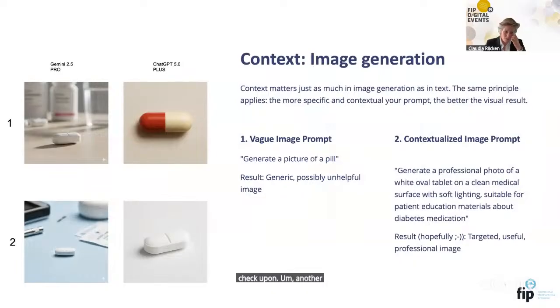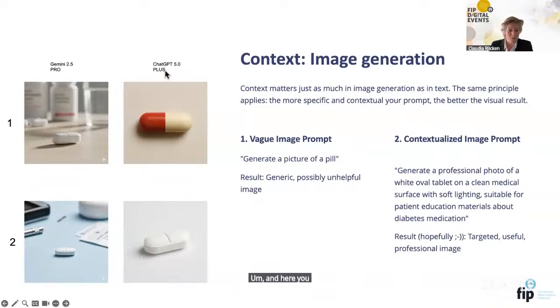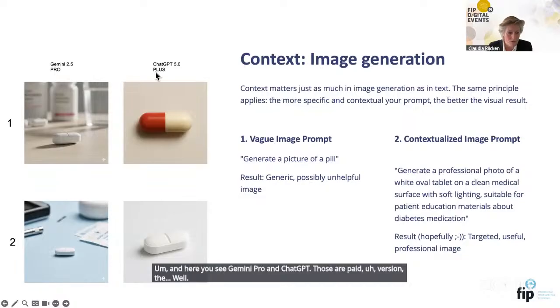Another example would be if you make images, where context matters as much as in textual form. And here you see Gemini Pro and ChatGPT. Those are paid versions, the first level of paid versions. In the first one, we asked generate a picture of a pill.